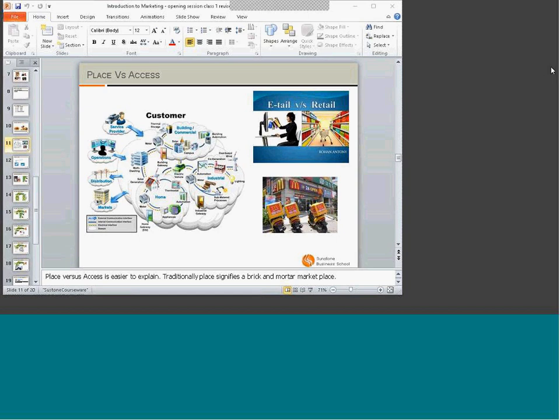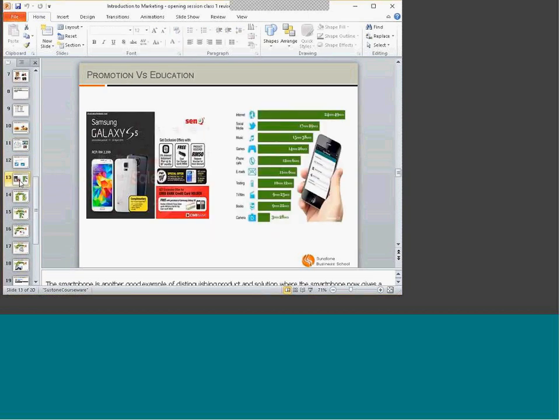Next one, this is education. Promotion is only talking about the features and other things, versus the education. Now, why do you want to educate? Because the more the consumer will use all the features, the more the consumer will derive value, and the more value the consumer derives, the more branding and the more satisfaction will come.